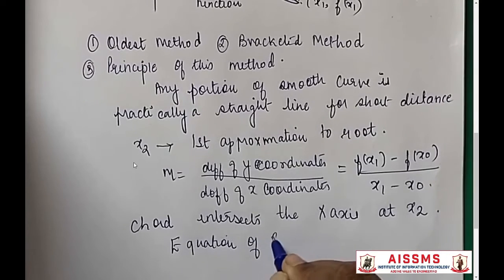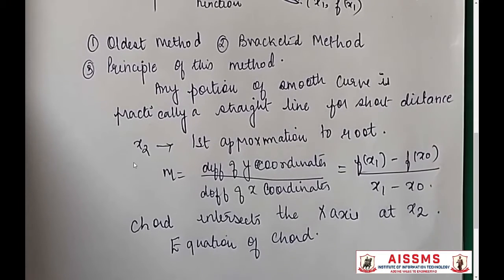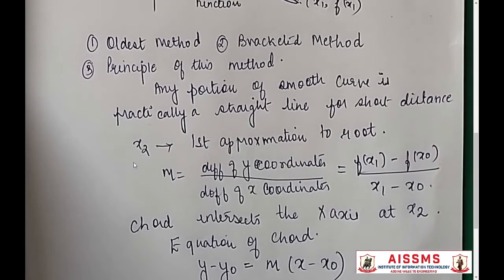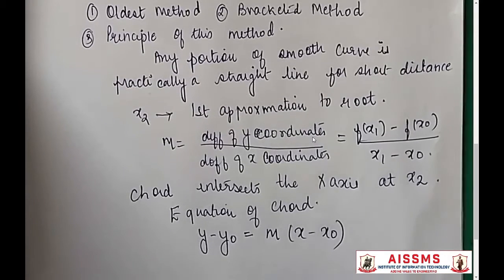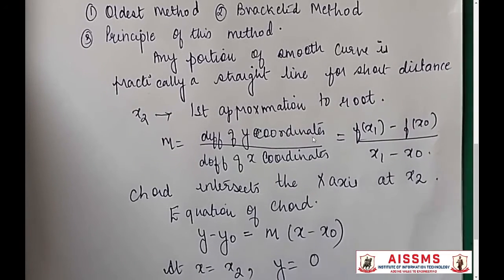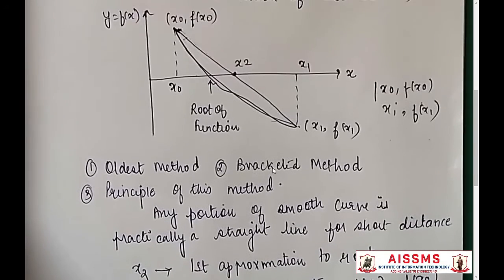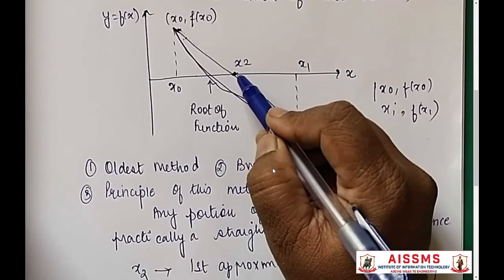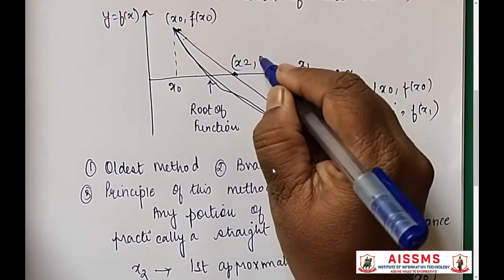Then we will write the equation of the chord, which is given as y minus y0 is equal to m into x minus x0. Now we have found the slope of the line, and I am going to substitute x is equal to x2, y will be equal to 0, because x2 is a point on the x-axis, and when the point is on the x-axis, its y coordinate is 0.